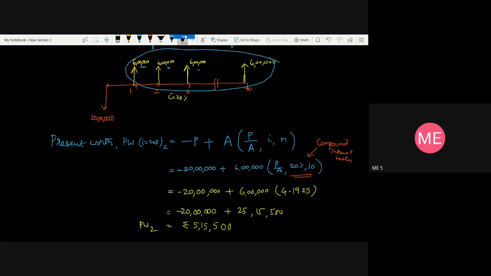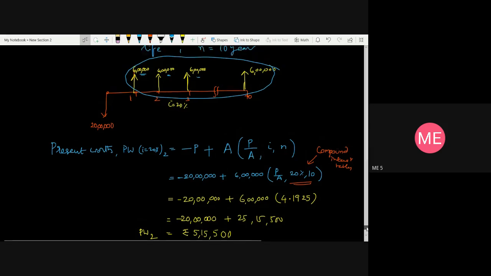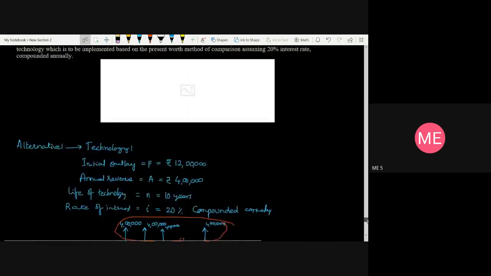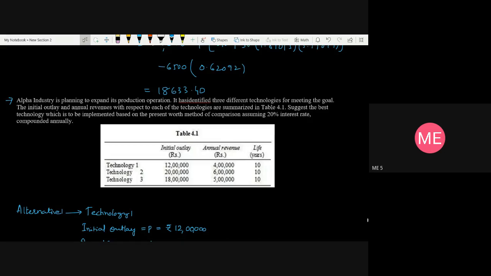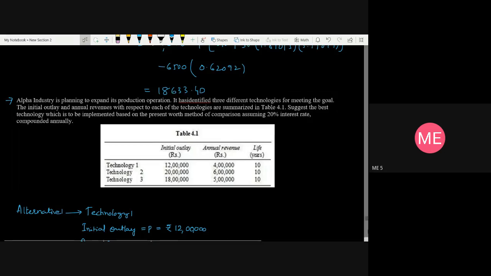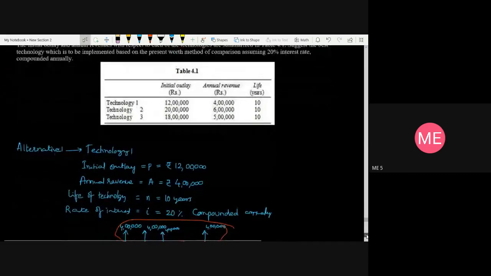So PW1 we got and PW2 we got this much, and now we need to look at the third alternative, technology 3. What is technology 3? Technology 3 cost is 18 lakhs and the revenue is 5 lakhs.